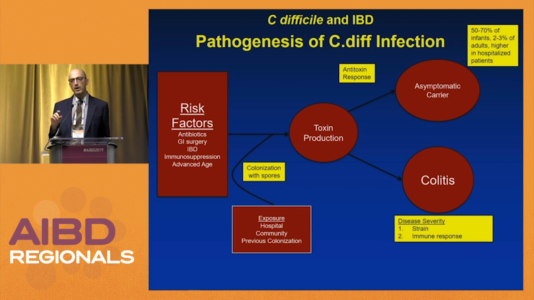Although our group, led by Dan Michik, published a series a couple years ago that showed that in IBD patients, about 8% are asymptomatic carriers of C. diff, so they test positive even though they don't have symptoms of C. diff. And the people who do not develop an antitoxin response obviously develop colitis and symptoms of colitis.